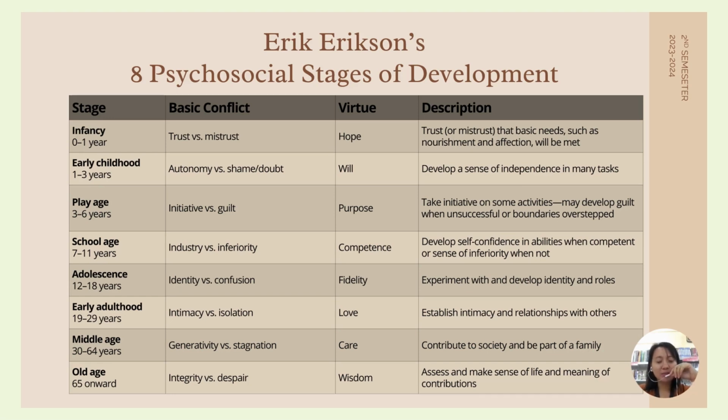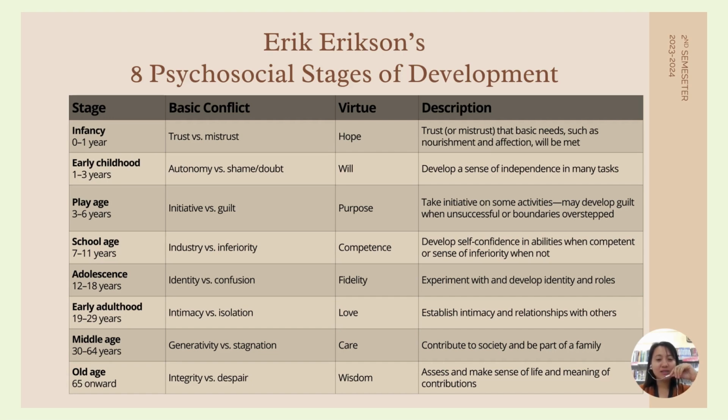For example, in stage 1, the basic conflict was trust versus mistrust, and the virtue is hope. And stage 2, autonomy versus shame and doubt. Of course, the virtue is will. Stage 3 is initiative versus guilt. The virtue is purpose. Stage 4 is industry versus inferiority. The virtue is competence.